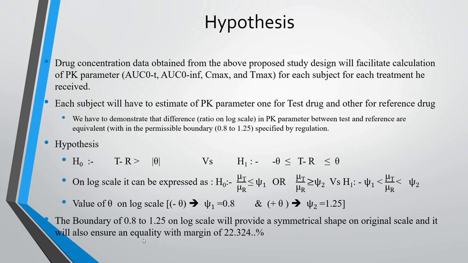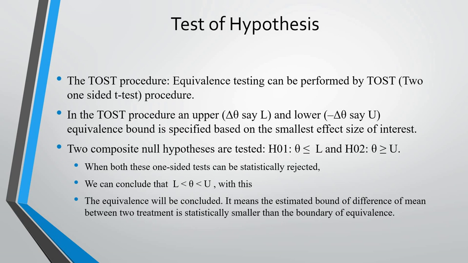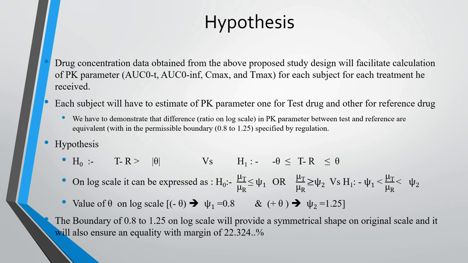Now this boundary we are going to use consistently for every calculation. If you can see here, we are testing a composite hypothesis. Either I am less than this or I am greater than this. This is my null hypothesis.